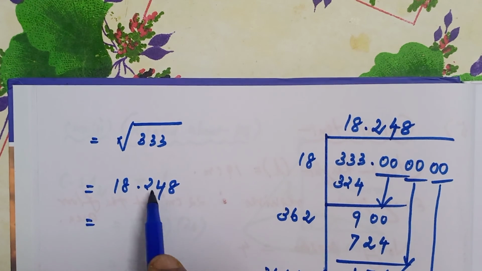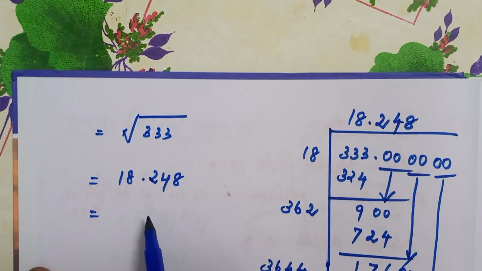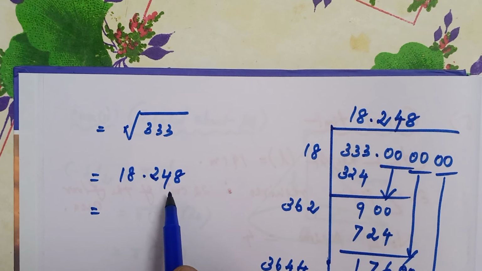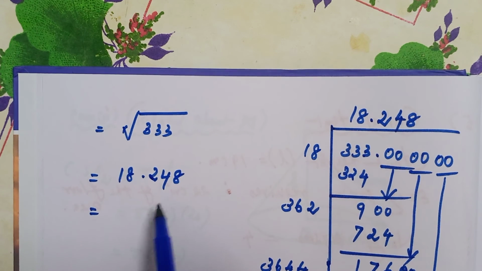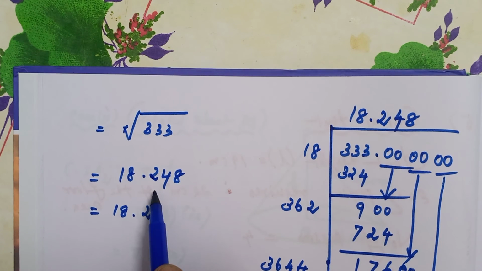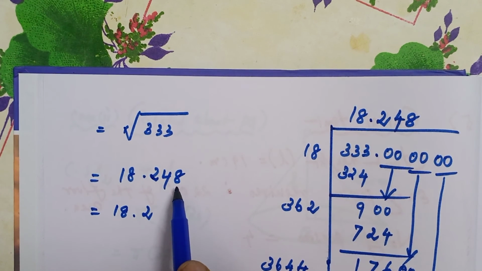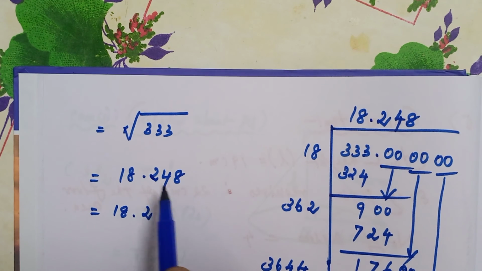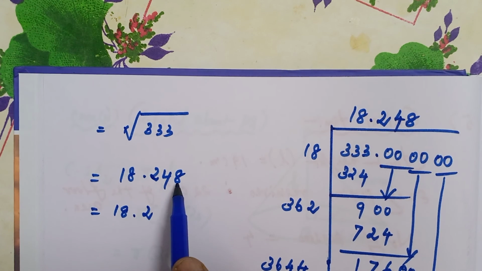18.248. It can be rounded up to 2 decimal places. Even you can stop the answer at this stage. For getting the book answer, now write the first decimal as it is. After the decimal point, write 2 as it is. Look at the third digit, 1 2 3. If it is 5 or more than 5, you can add 1 to the previous digit. What's the number here? 8.